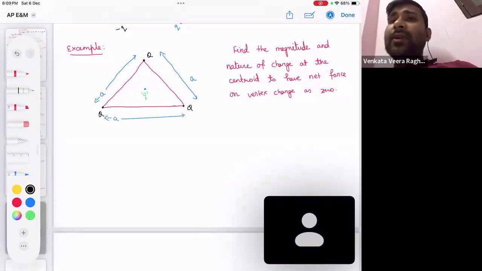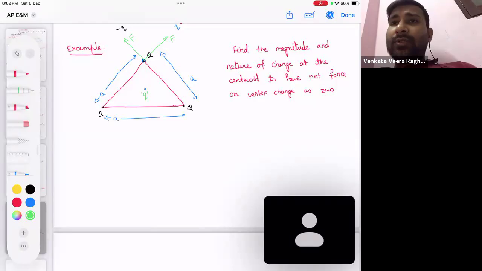Now look at any corner particle. I'm going to look at this corner. Is this corner particle going to experience three forces? One will be a repulsive force due to another corner particle, let's call it F. Due to the other corner particle, that will also be repulsive, that is also F, isn't it?